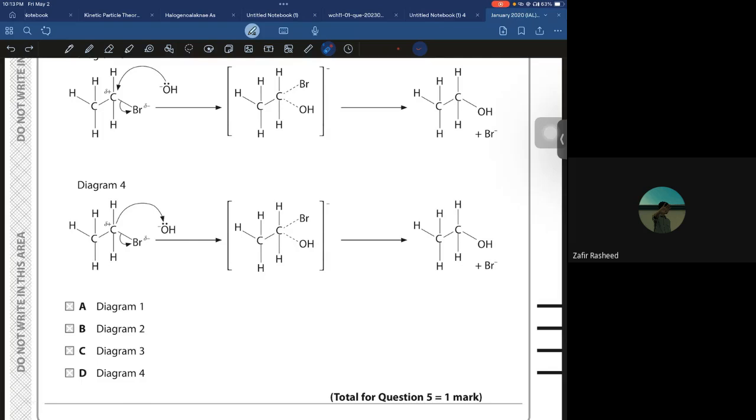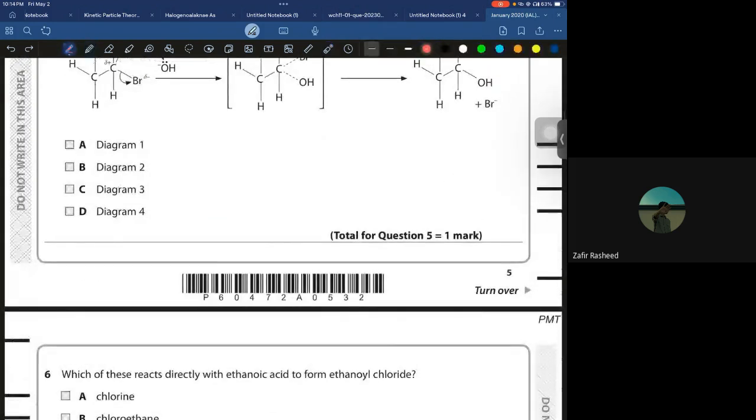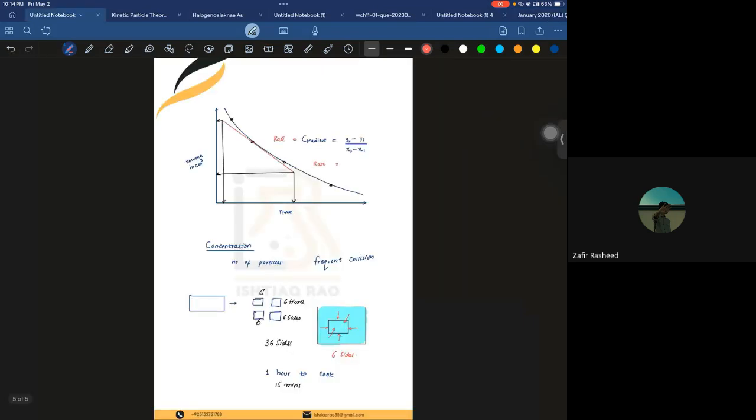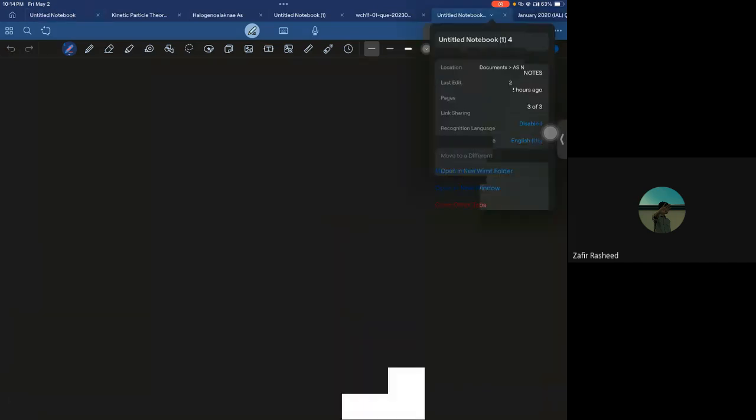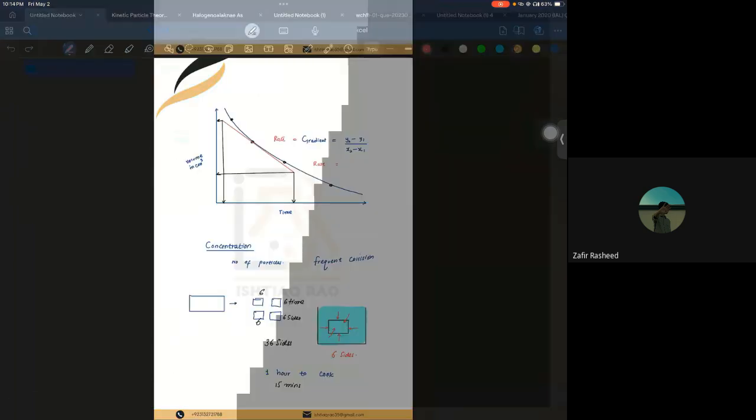Diagram 4 is incorrect. Why is this positive going to attack? Always the negative species would attack on the partial positive center or a positive center. Remember, this is important. So diagram 3 is correct, option C is correct. If you are having any sort of confusion, do let me know, otherwise it would be a big problem for you.